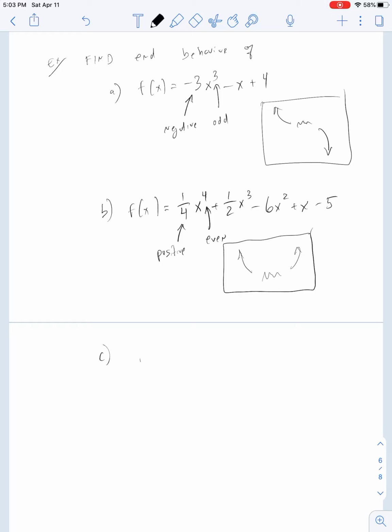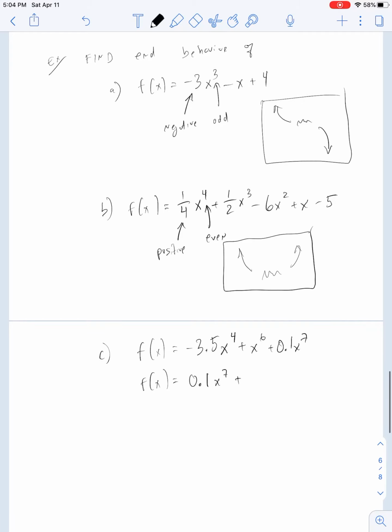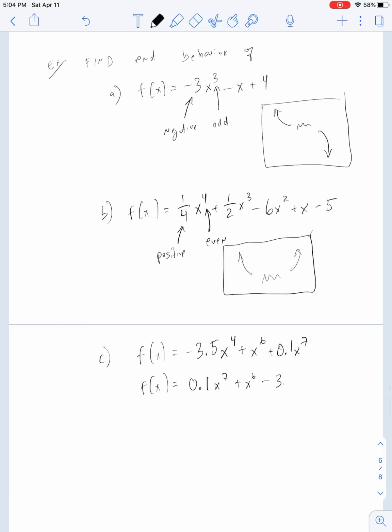One more example. How about f of x equals negative 3.5 x to the 4th plus x to the 6th plus 0.1 x to the 7th. Well, this example, we need to reorganize our terms. We always want to show the greatest degree first.